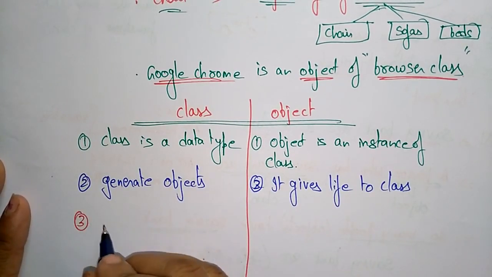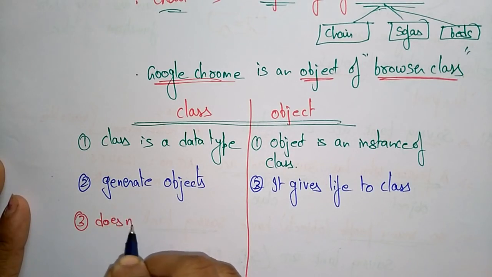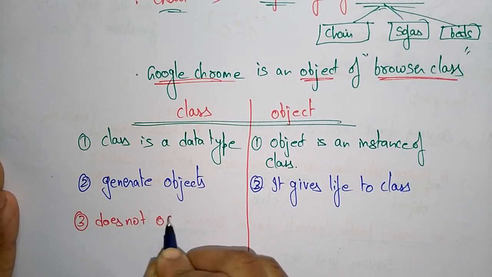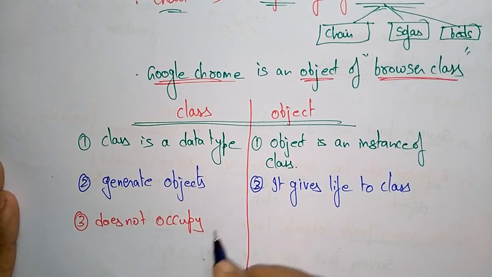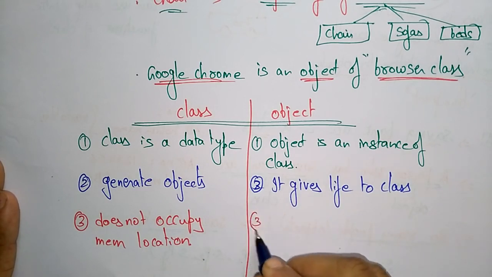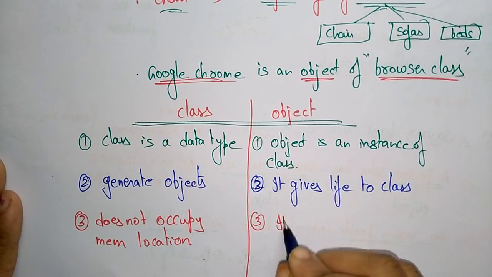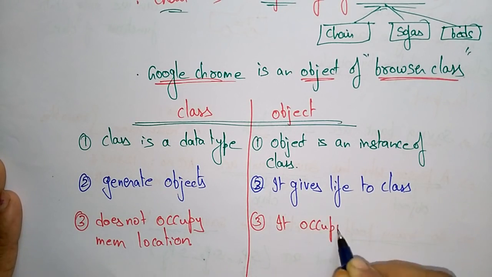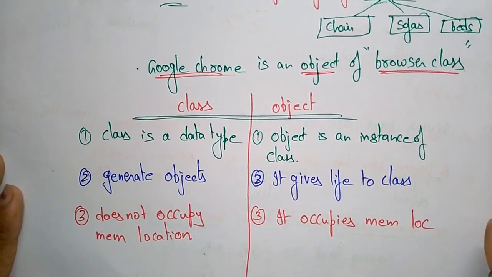And next, coming to another difference. Third, you have to remember this point: class does not occupy memory location, whereas object occupies the memory location.